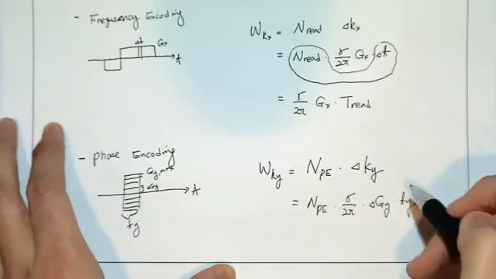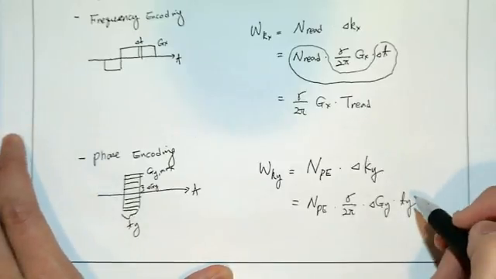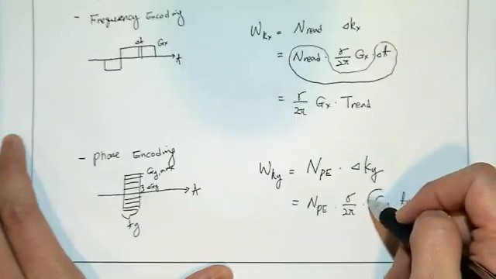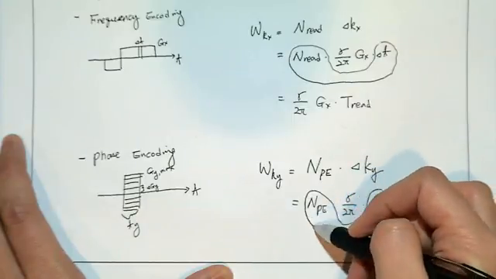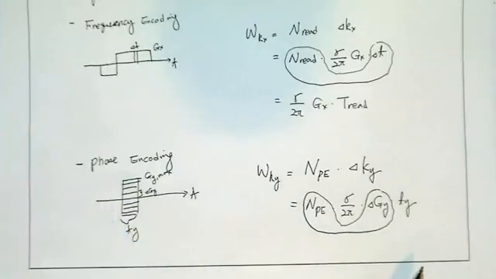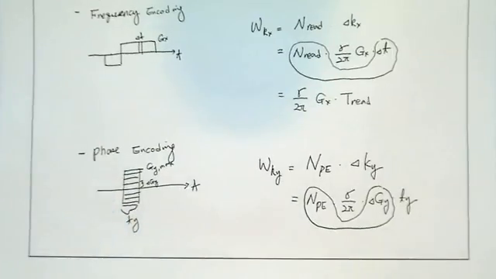So this is what the delta Gy times the number of points is. Basically, this is the step size, and this is the total number. So it's 2 times the maximum value, right?